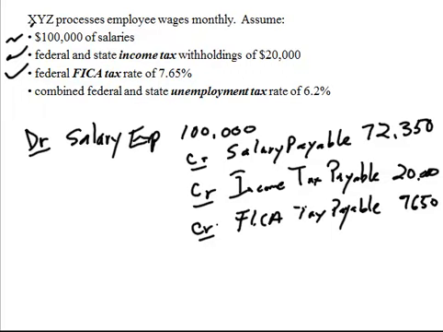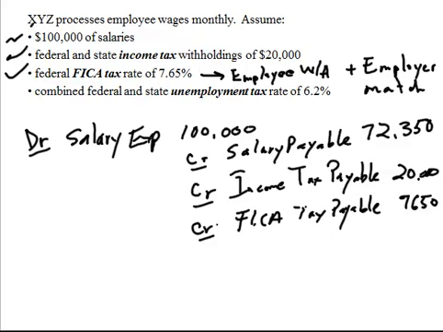We now need to account for the employer portion of the Medicare tax. We already accounted for the employee's portion, which is withheld, and we must also account for the employer's matching contribution of that. The total burden is 15.3%. The employee pays half and the employer pays half.